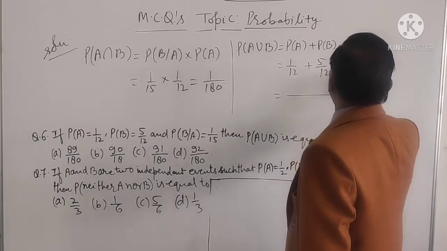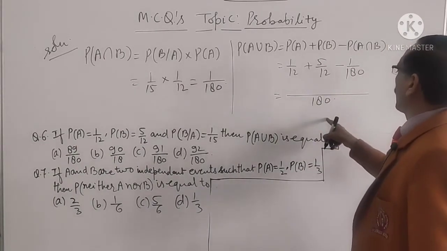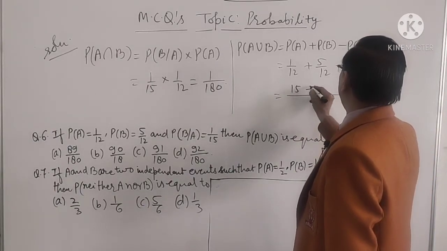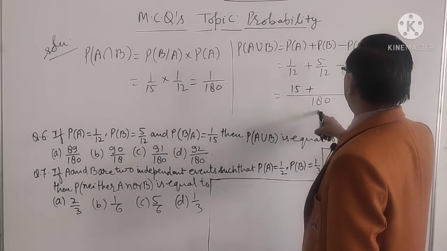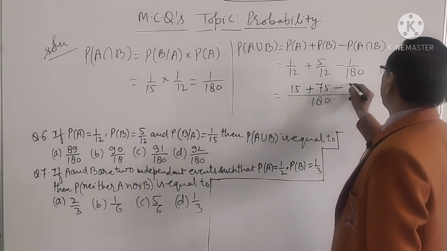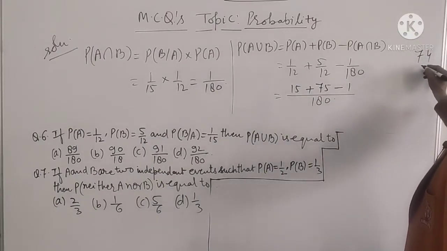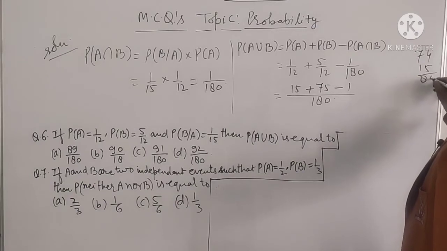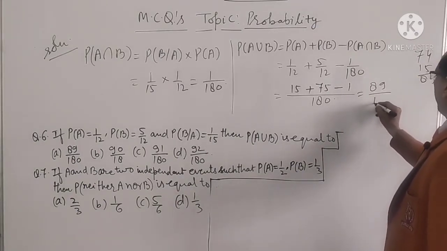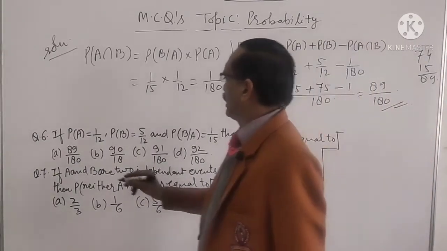Let's take the LCM. 180 is the LCM. 15 plus 75 minus 1, it is 89 upon 180, and A option is correct here.